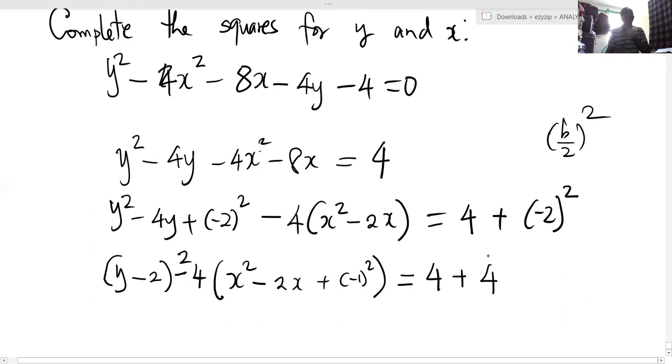And then I have to add this side. Remember, this is a negative sign here. So I have negative 4 times 1 minus 1 times 2. So I also have to have minus 4 into minus 1 squared.